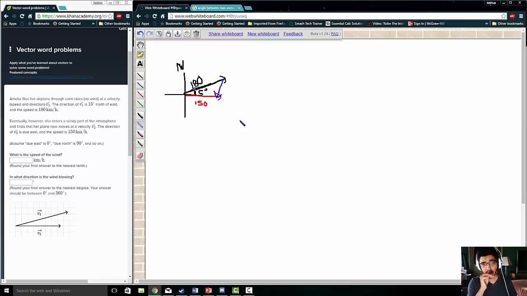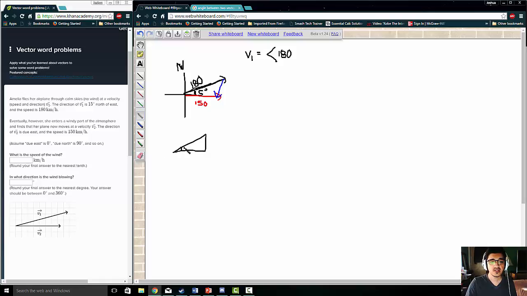So the very first thing we want to try to do is write the vectors. Let's look at the first one, v1. So v1 can be written as 180, the magnitude. If you guys remember, if we have a triangle, you can always make that into a right triangle.